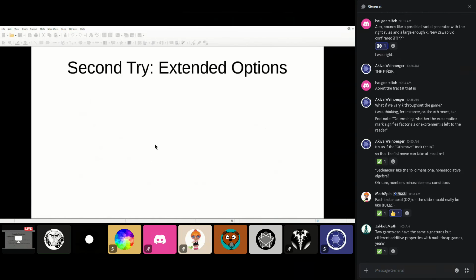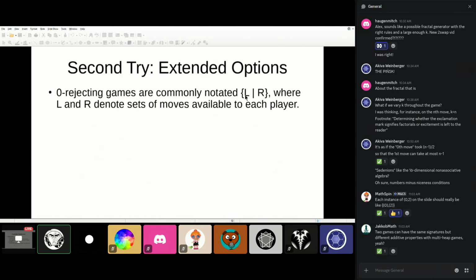So, as everyone who was there for his talk saw, we have this notation for normal games where we have these two sets of options, available final positions for each player, and we can write them like this. Now, we could just do this directly and build up inductively like isomorphisms between game trees.